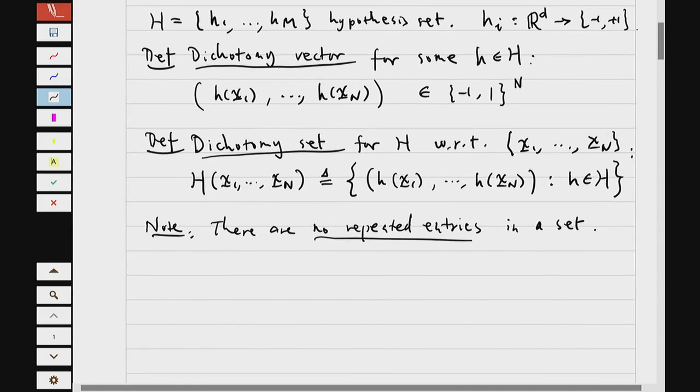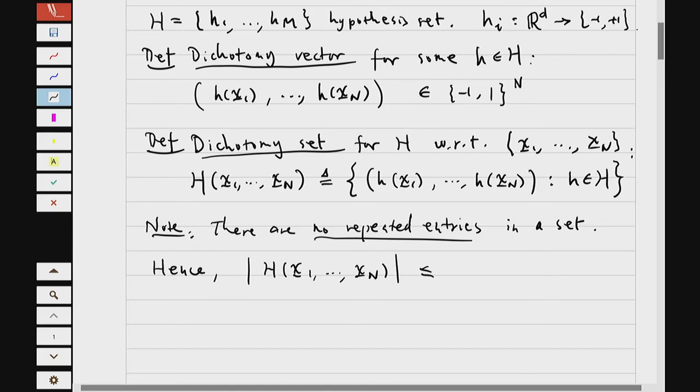So the size of this set would not be equal to m. In general it will be less than or equal to m. But in fact, we can give a better bound if m is infinity. What is a bound on the size of this dichotomy set?